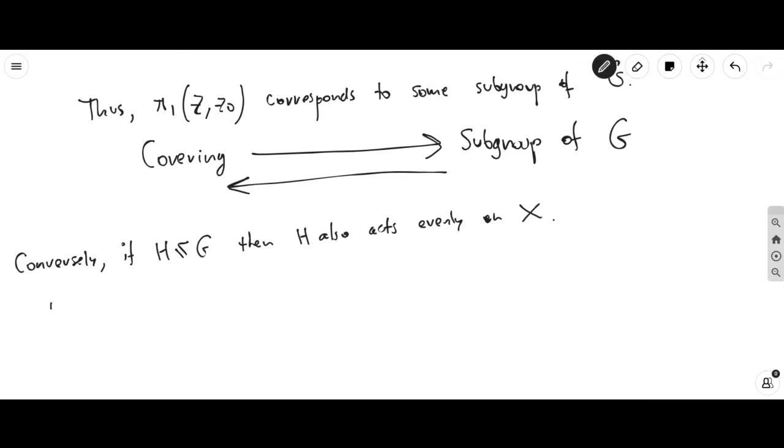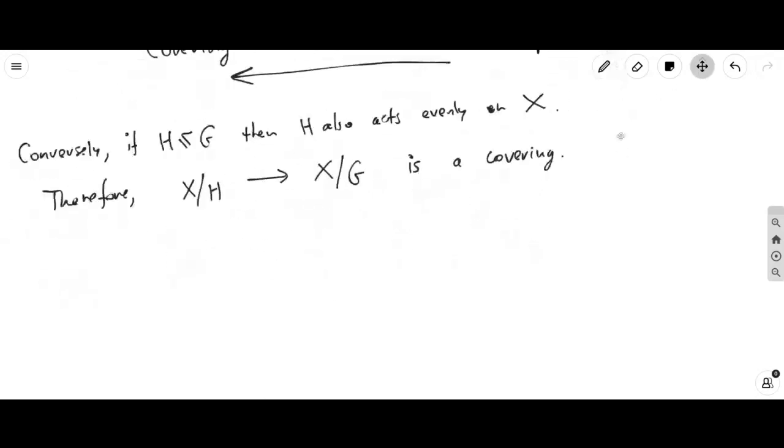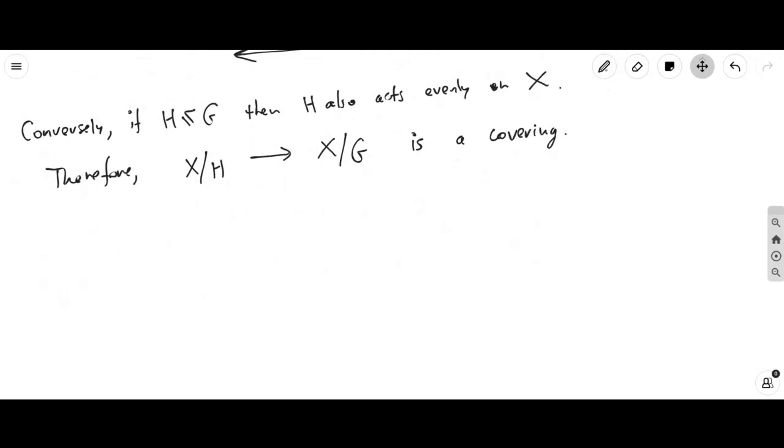So therefore, X mod H is a covering. If you're confused by what that means, it means exactly what you think it means.